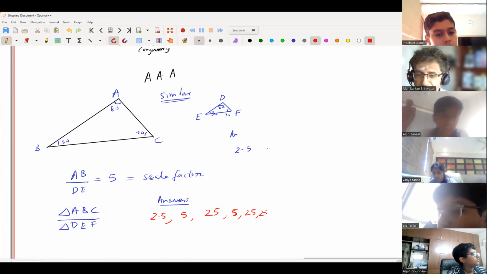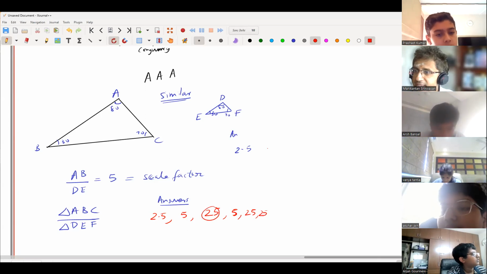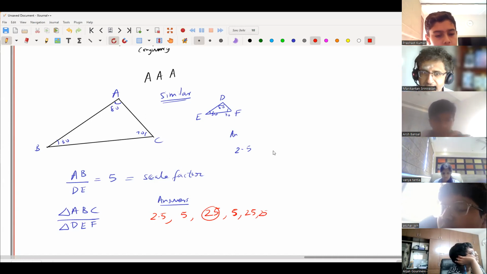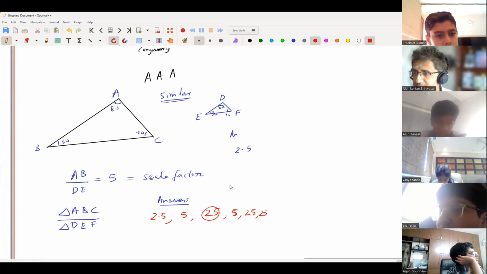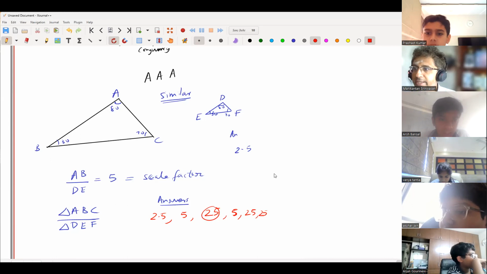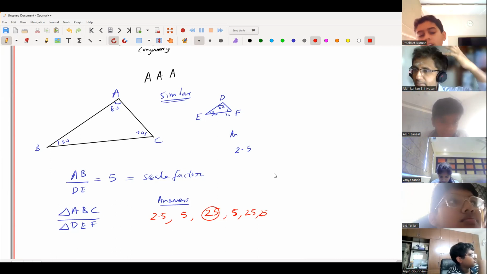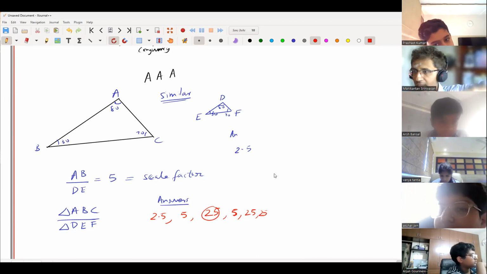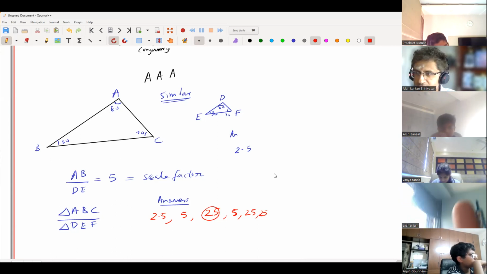Yeah, it is indeed 25. So the ratio of areas will be the square of the scale factor. Okay. So the reason that works is, these two triangles are similar. Similar means what? Corresponding lengths will match exactly. Like I said, when you say a dad looks similar to his son, that means, let's say the face of the dad measures, I don't know, 12 inches, and the kid's face measures 3 inches.